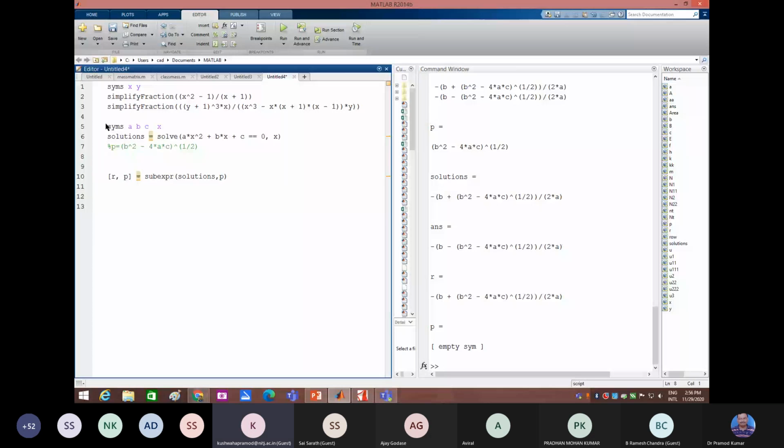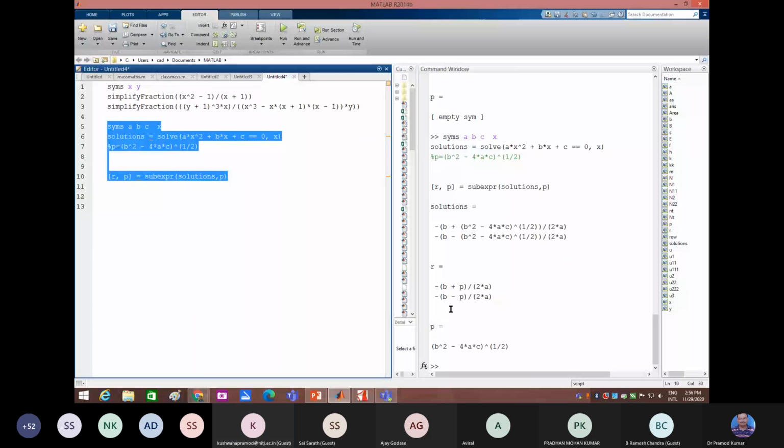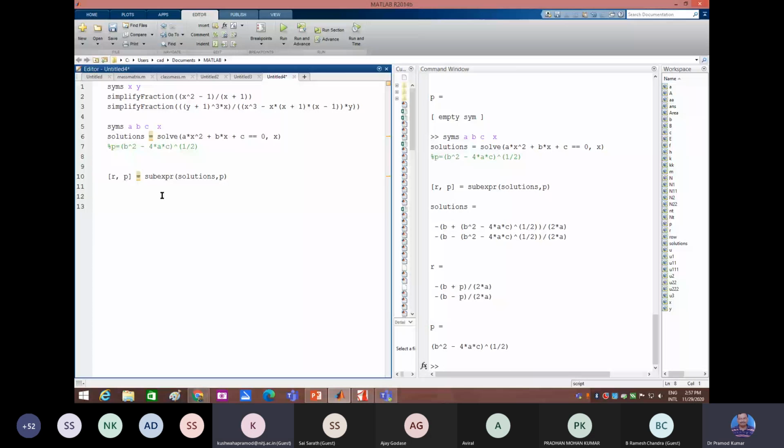Now automatically, if you see this equation, solve this ax square plus bx plus c, and some common term we want to put as p here, then this common term is replaced, and it has been defined automatically what p is.